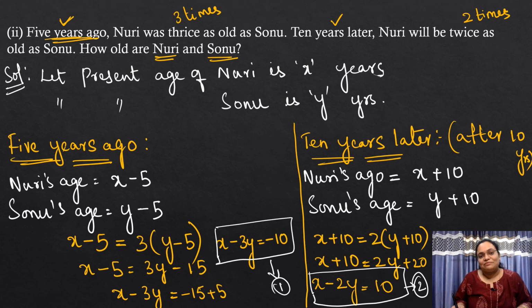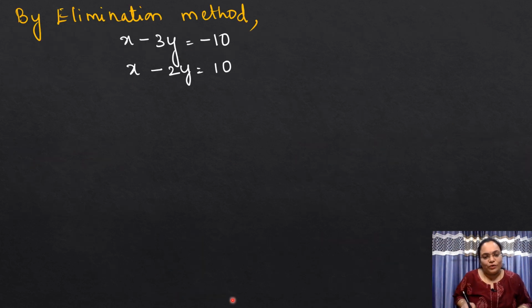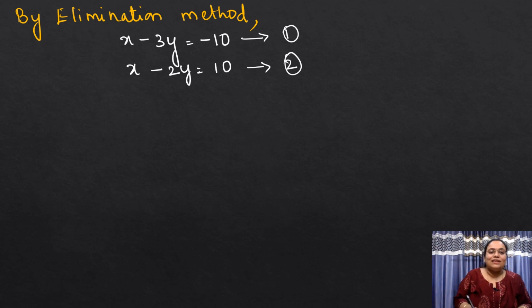Now let us solve this by the elimination method. These are the two equations we got. This was the first equation and this was the second equation. By using the elimination method, we need to eliminate one variable. By seeing these two equations, we can eliminate the x variable because the coefficients of x are equal.